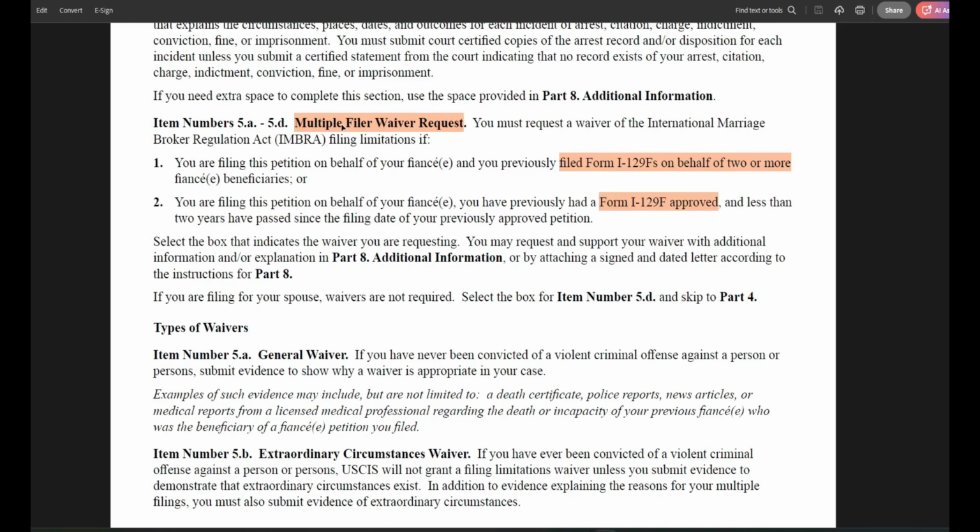But a multiple filer waiver request must be completed if you fall under one of these categories. Either you have previously filed this form on behalf of 2 or more fiancés, which means this is your third time filing this kind of petition, or if you are filing this petition for the same exact person and you filed this kind of petition for them less than 2 years ago.